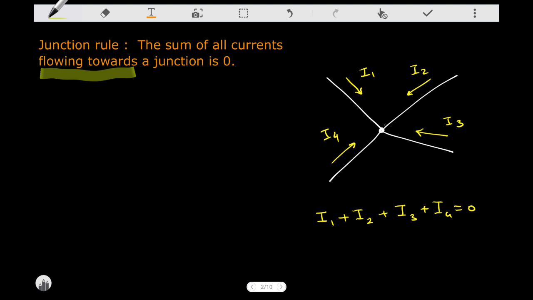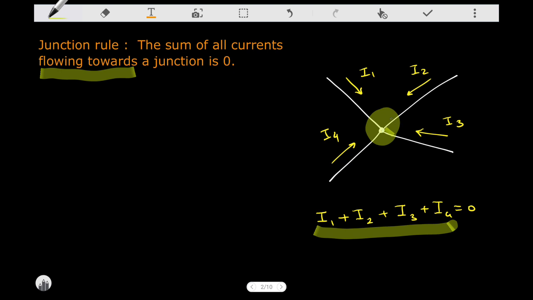If you just think about this junction as a physical system, the rate of change of the charge at that junction is given by the sum of all of these currents. So this expression is actually the rate of change of the charge right at the junction.